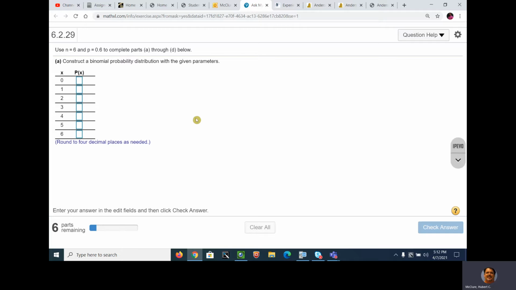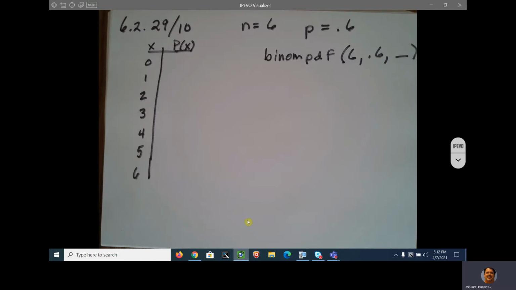So you have to type each one of those into binomial PDF: parentheses, 6, 0.6, and each one of these x's. So that's what you're doing on this problem.